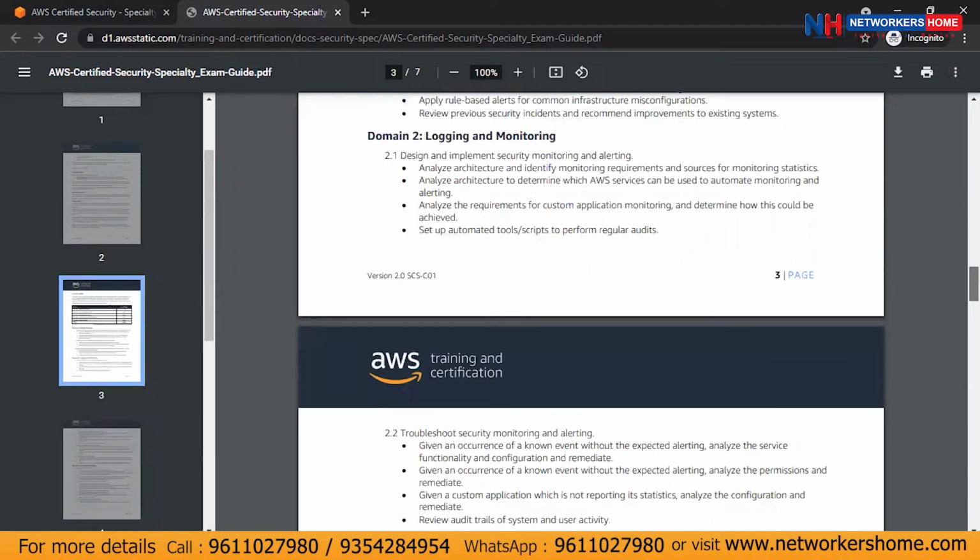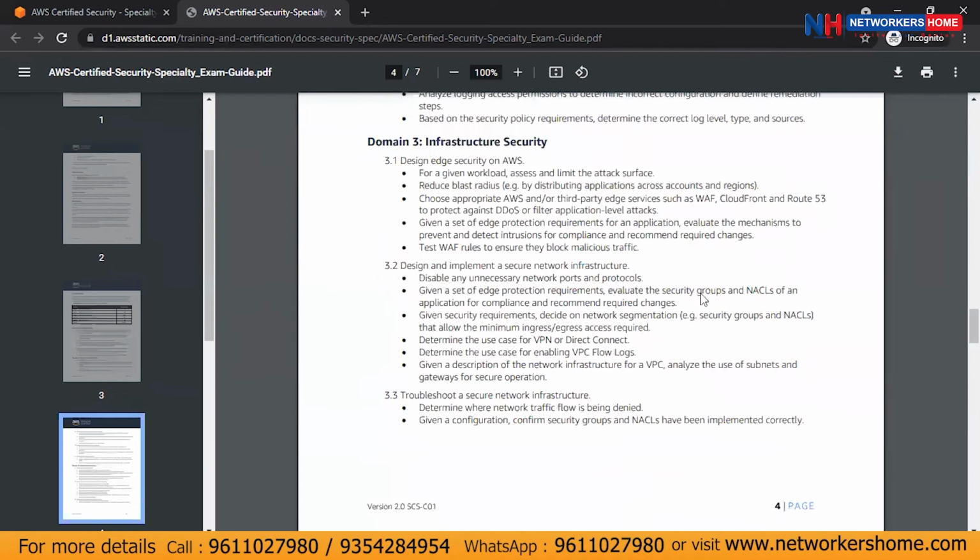It's about completely logging what requests are hitting your service or your account, and monitoring. Okay, coming to domain 3, it's about infrastructure security, like designing edge security, meaning how you can protect your edge solutions, like CloudFront, edge service, right? A load balancer you can put as an edge service by implementing it as a front-end load balancer, meaning an internet-facing load balancer.